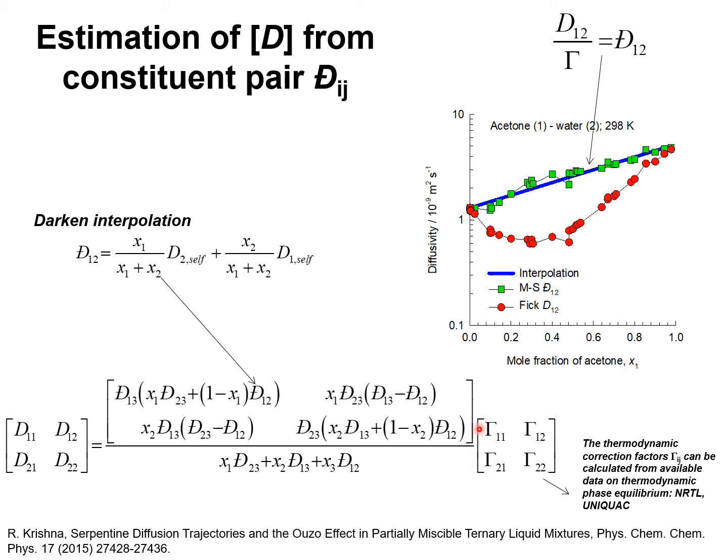The matrix of thermodynamic correction factors can be estimated from, say, the UNIQUAC or NRTL parameters for phase equilibrium, and this affords a straightforward procedure for estimation of the Fick diffusivities.